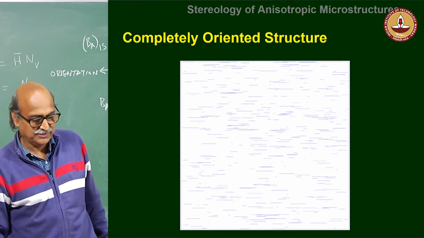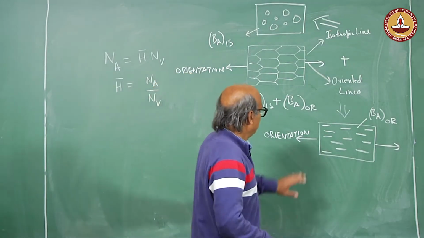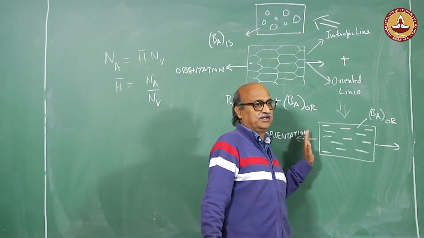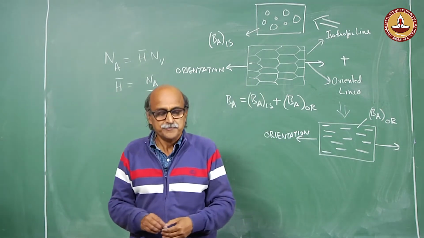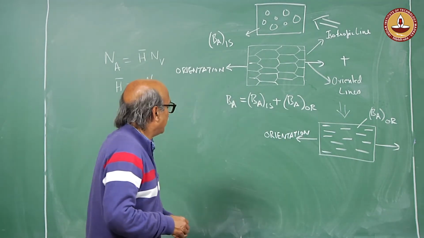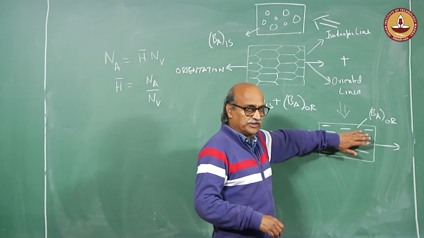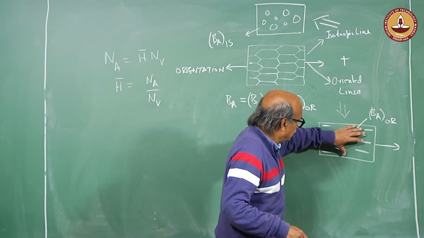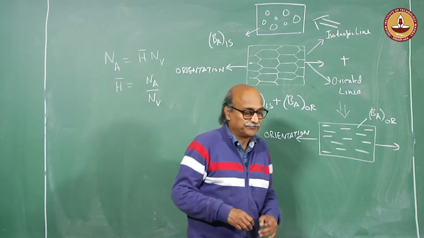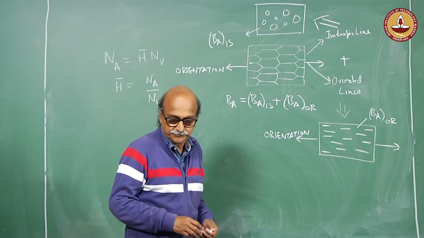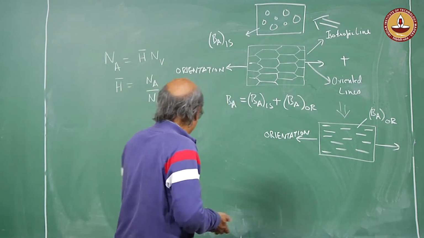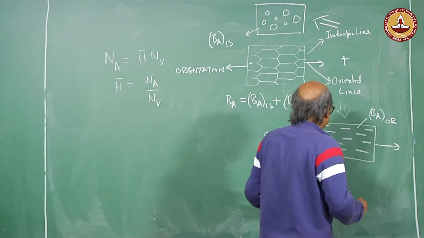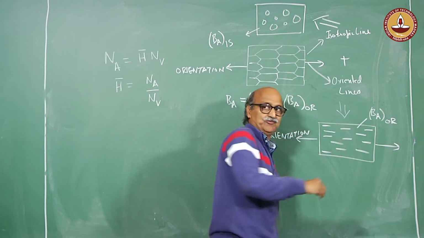So, first let us understand, if I had a structure like this, which is 100% aligned, 100% oriented, how can I measure the boundary length per unit area? This is something that you would now be able to prove.